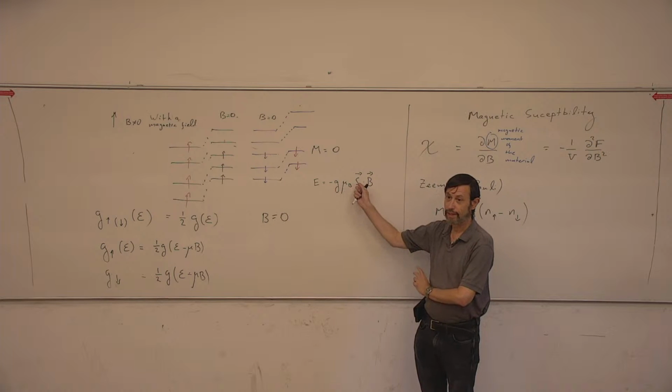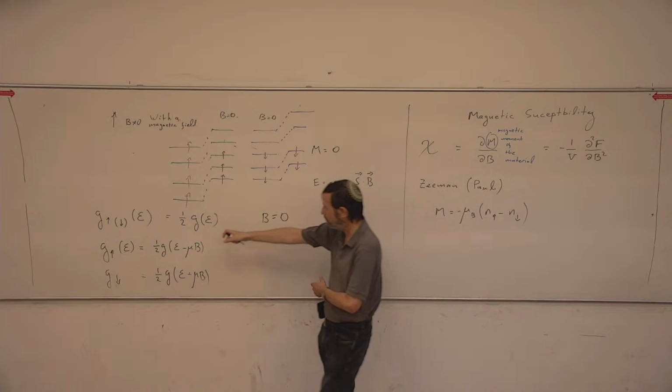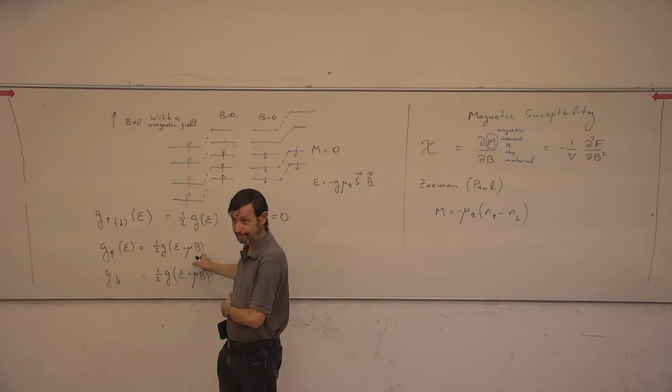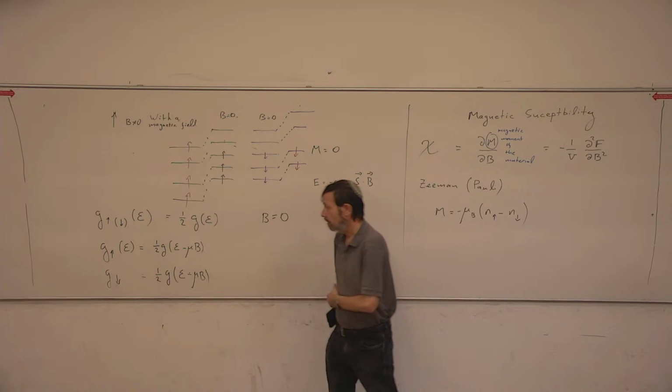G is 2, S for a spin half is half, 2 times half is 1, so we are left with just mu B. Okay.